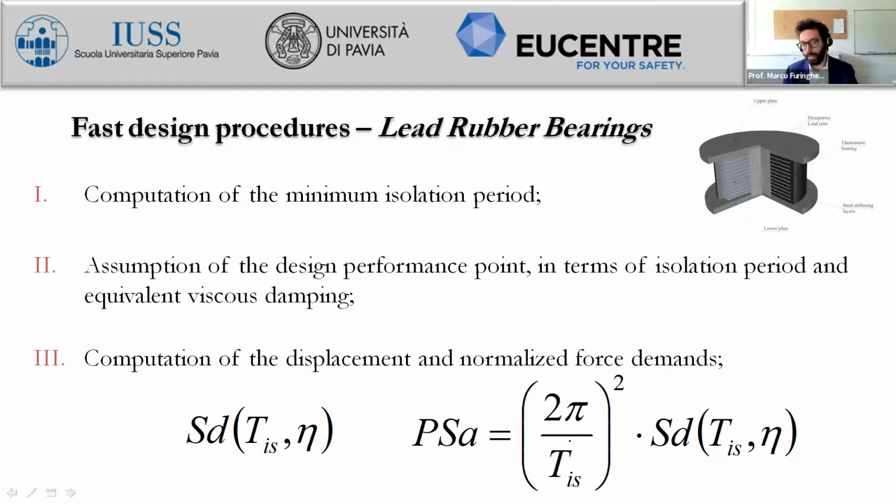The power of this procedure is that it is easy to implement through an Excel spreadsheet. You can just assume an initial value of equivalent viscous damping, and then change it to see what the influence of the equivalent viscous damping is on the overall sizes and mechanical properties of the device that you can obtain.